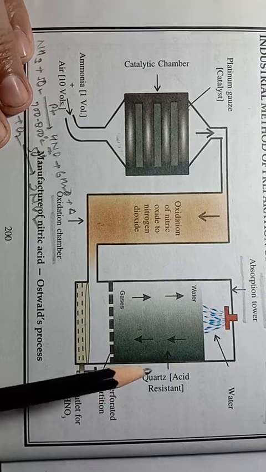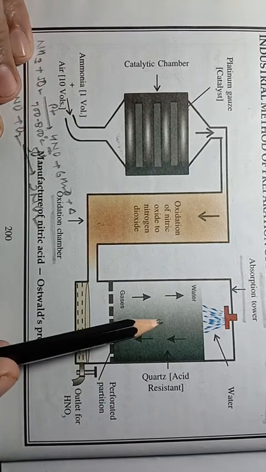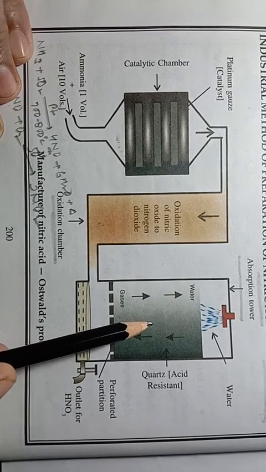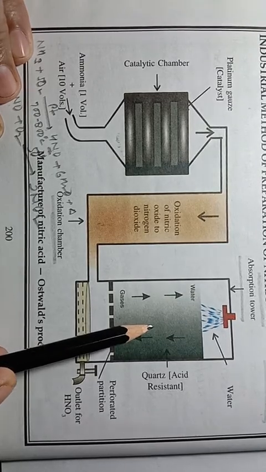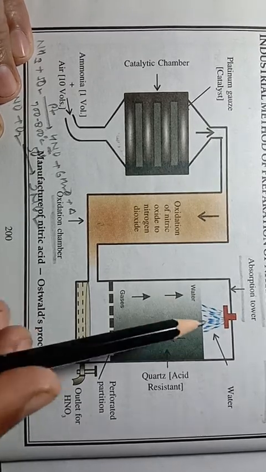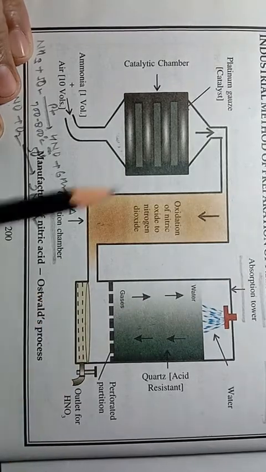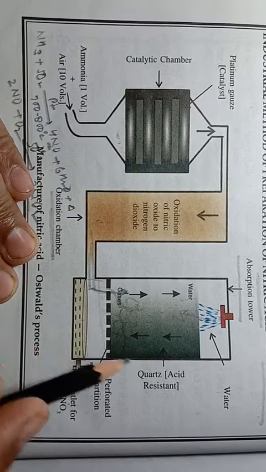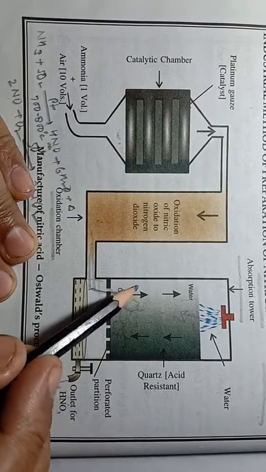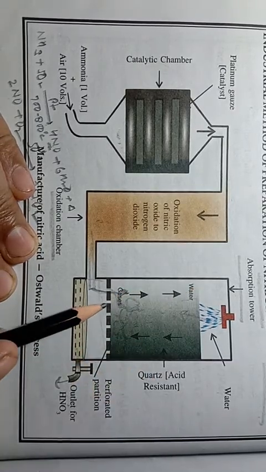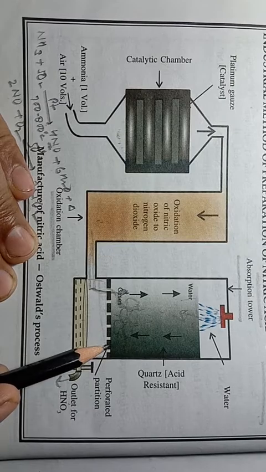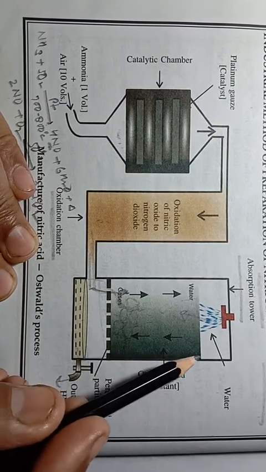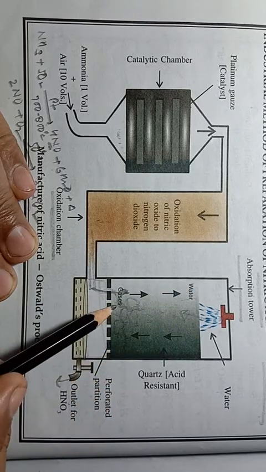So nitrogen dioxide is absorbed in water, and that is why this chamber is known as the absorption tower. As you can see, this absorption tower has a perforated partition, and above this partition quartz is filled.